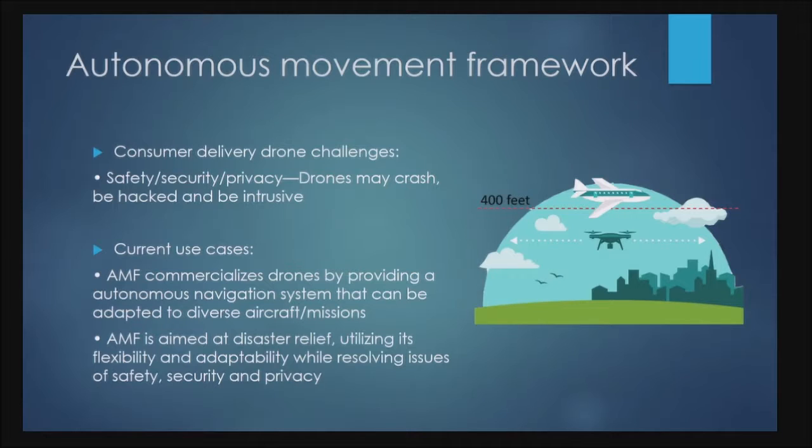Main reasons are because they might crash, they can be hacked, or they can be intrusive. So first of all we thought of some use case that could be made use of even right now, even without these regulations. And apparently, the aim is to use it in disaster relief areas.